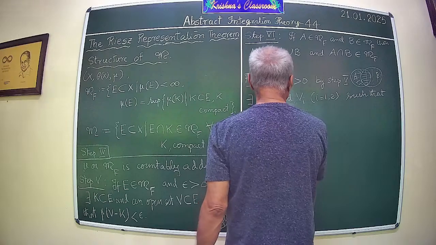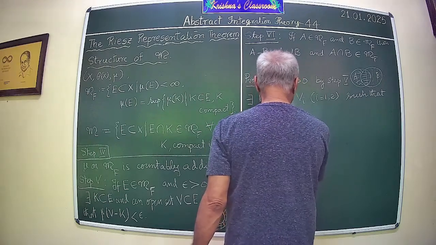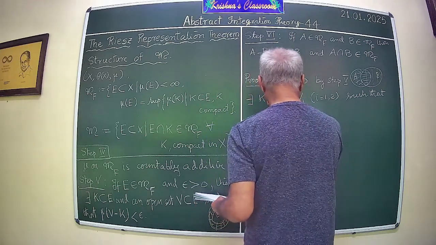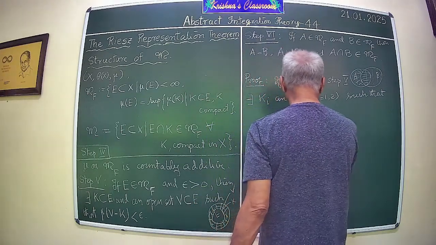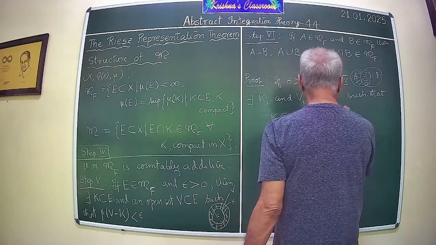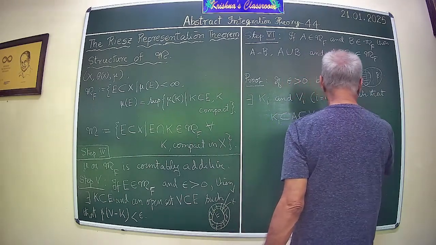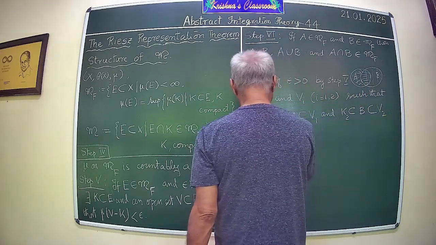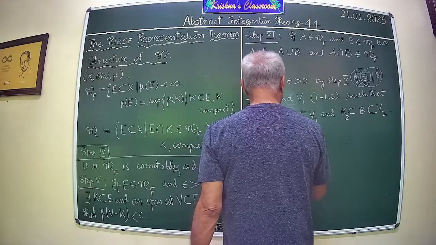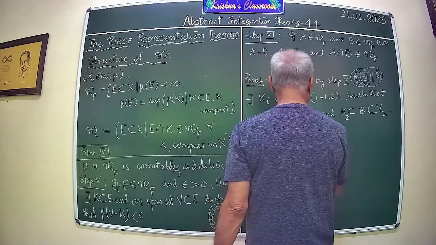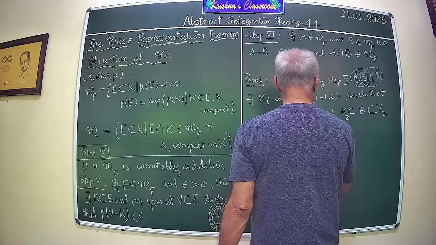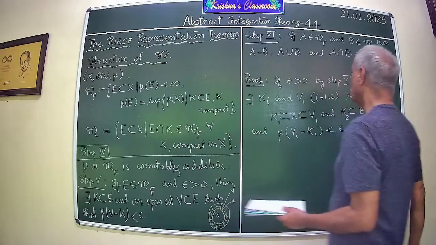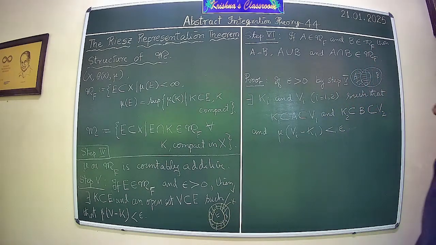K1 is contained in A, and K2 is contained in B, and A is contained in V1 and B in V2, and mu of Vi minus Ki is less than epsilon.